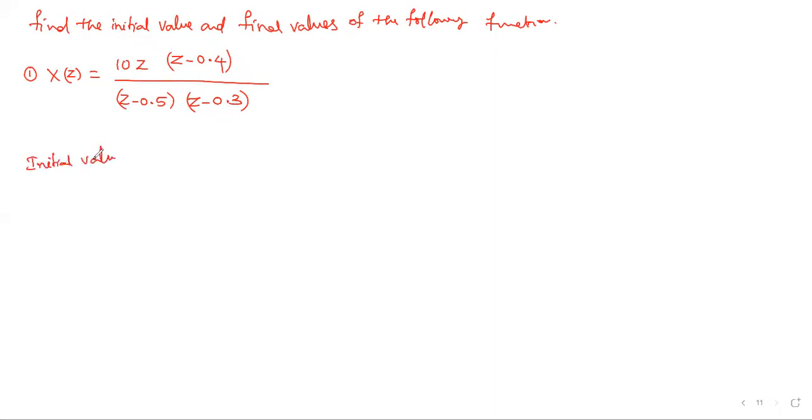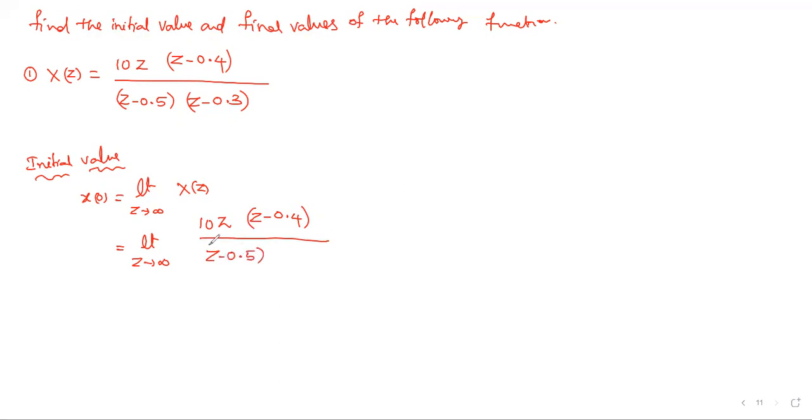Now, what is the initial value? That means we need to find x of 0. What is x of 0? Limit z tending to infinity x of z. So limit z tending to infinity, what is x of z? 10 into z minus 0.4 divided by z minus 0.5 into z minus 0.3.